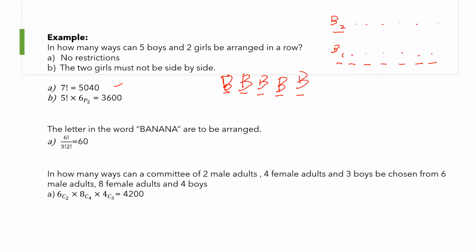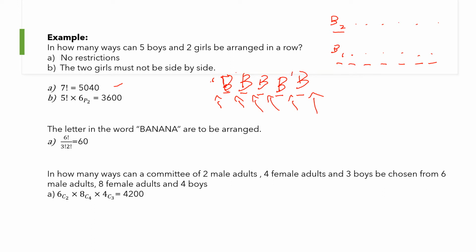And then how many possible ways can the girls sit? First one, second, third, fourth, fifth, sixth. There are 6 possible places the girls can sit in between, like the first one sits here, the second sits here, or the first one sits in the front and the second sits here. Okay, there are too many possible ways.